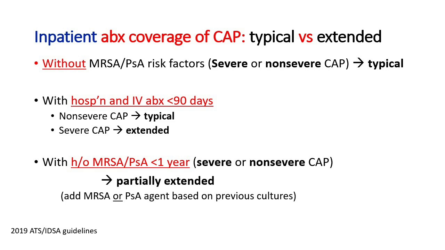And then if someone's coming in with community pneumonia and they have a history of either MRSA or Pseudomonas on culture within the last year, whether they're very sick or even mildly sick, they should have their coverage extended to whichever germ they had isolated in the past.